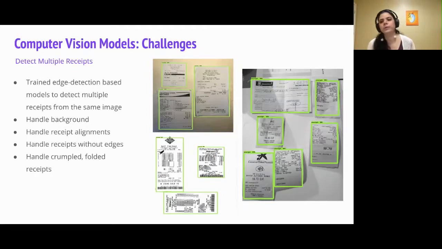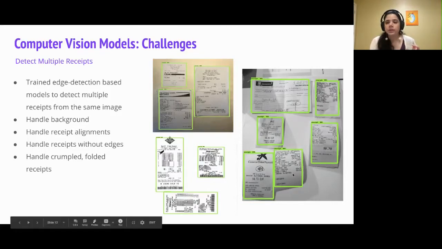So first and foremost, the receipts would be aligned in a different way. So for example, here we see some receipts are vertically aligned, some are horizontally aligned. So we still have to work with that different alignment. The other challenging thing is, again, it's not a perfect world.